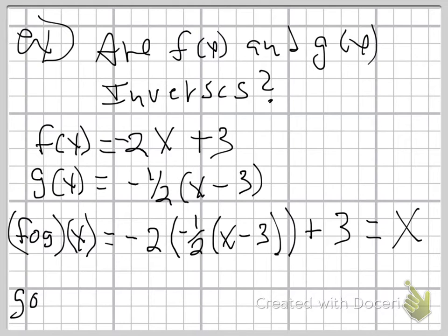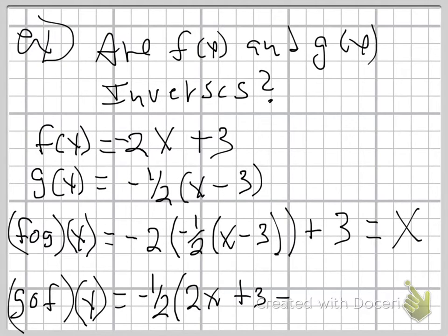Now, if we look at g of f of x, we get negative 1/2 times 2x plus 3 minus 3, and when we do that, again, we get x. Therefore, they are inverses.